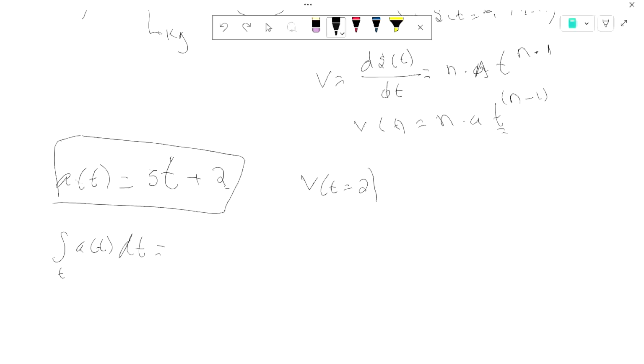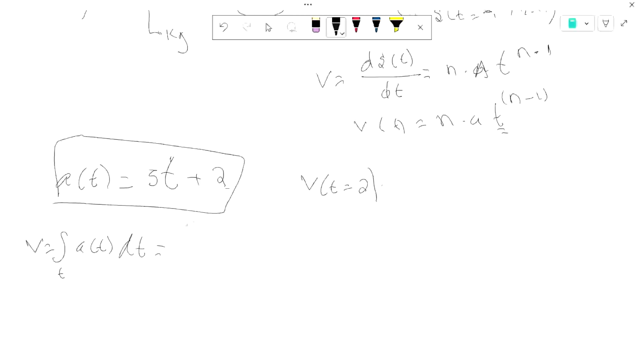Then you integrate because you want to find the velocity and evaluate at 2. As simple as that. If you want to find the displacement, then you have to integrate again. And if they ask you for t equals 3 seconds, then you simply have to do that part.